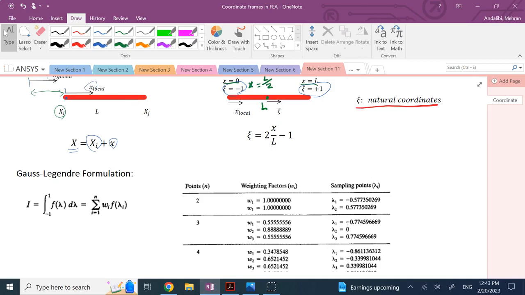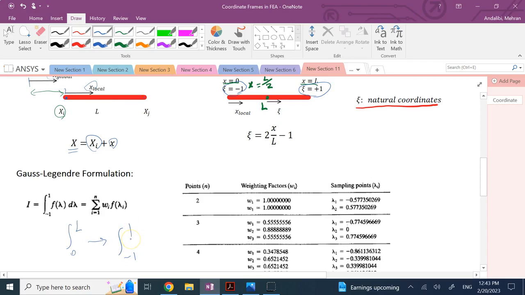We have direct composition methods, and we have integral methods, and so on and so forth. And in the integral methods, like the Galerkin or others, many times you need to integrate something from A to B, like in this case from 0 to L, like strain energy or anything.